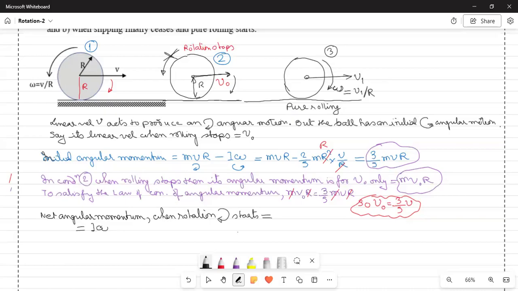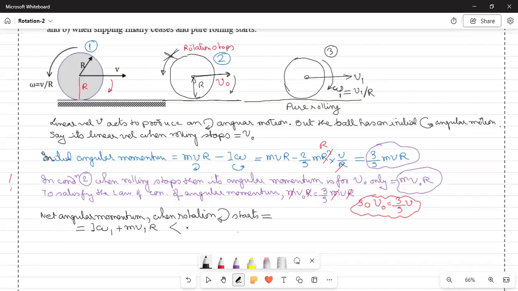Let us do one thing. Let's call it omega 1, because at the very beginning there was one omega in the counterclockwise or anti-clockwise direction. Now this is a clockwise angular velocity. Let's call it omega 1. So I omega 1 plus its linear velocity v1, so m v1 r.